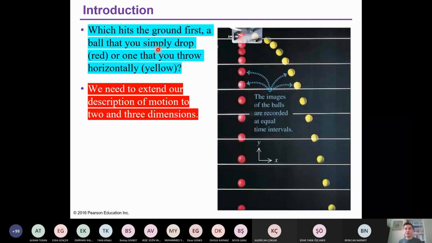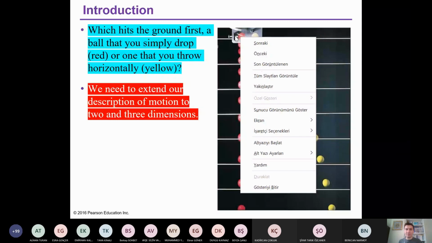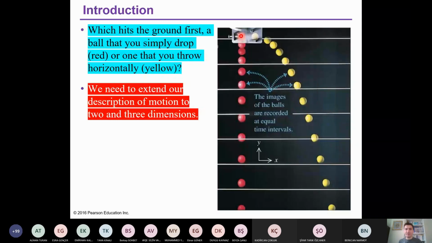And here another question. Here we have 2 balls. One is a yellow ball here on the right side, and on the left side we have a red ball. The red ball is simply dropped. It has free fall motion, okay? And the yellow ball is thrown horizontally.